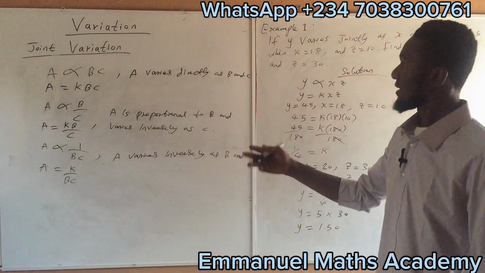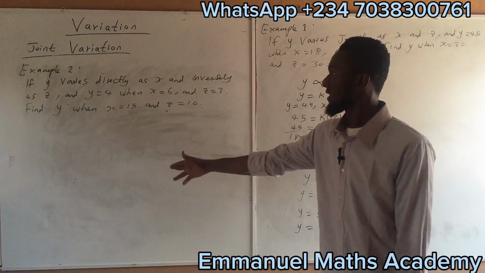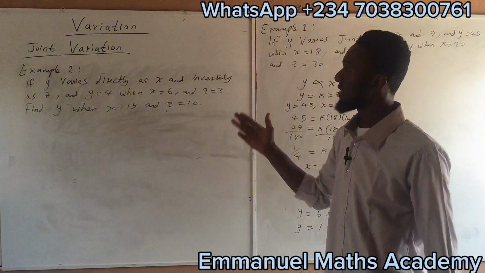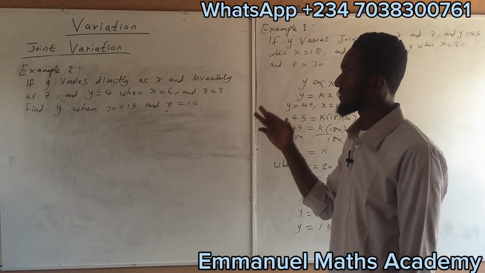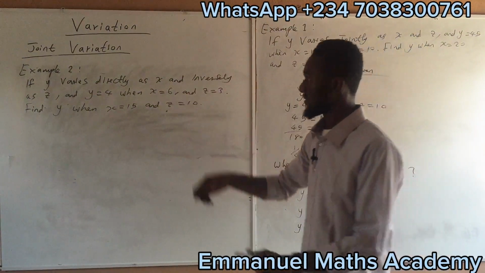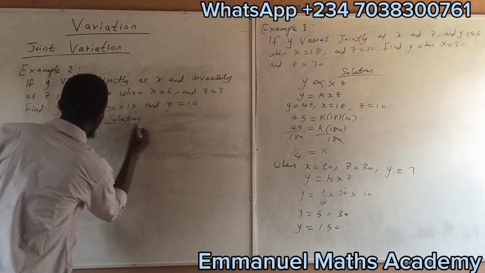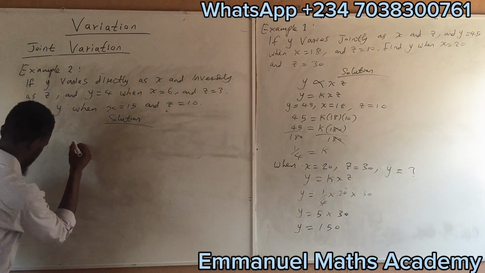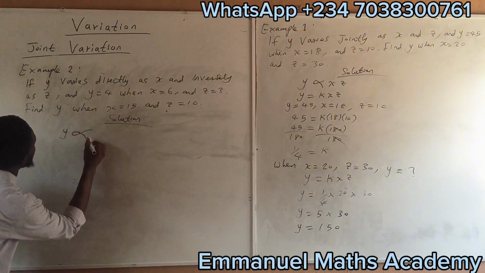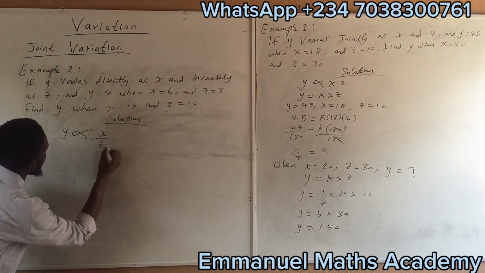Let's look at another example for better understanding. Now let's look at the second example. Example 2. It says if Y varies directly as X and inversely as Z. This is an example of what? Joint variation. Right? Now let's express this mathematically. Solution. Y varies directly as X and inversely as Z. Right?